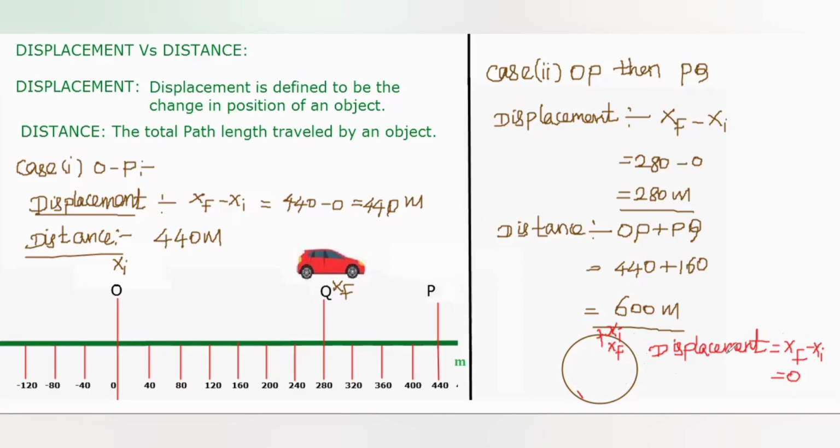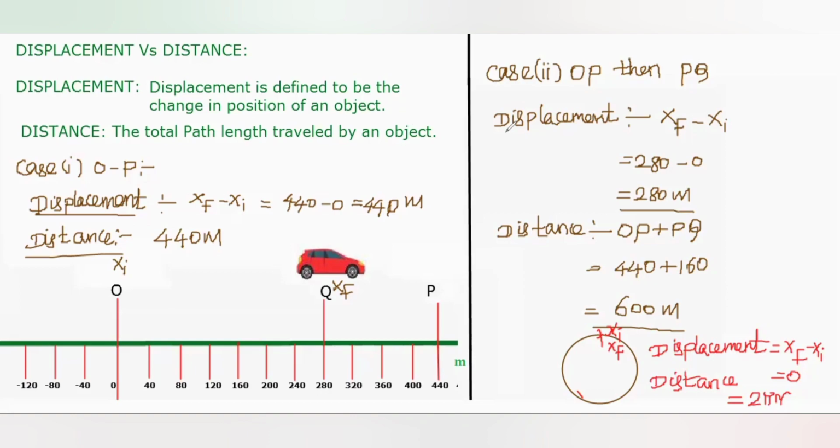So there is no change in position, but the distance, which is the path length traveled by the particle moving in a circular motion, will be equal to the path length. Here the path length will be 2 pi r, where r is the radius of the circular path. So the displacement and distance are not necessarily the same in all cases.